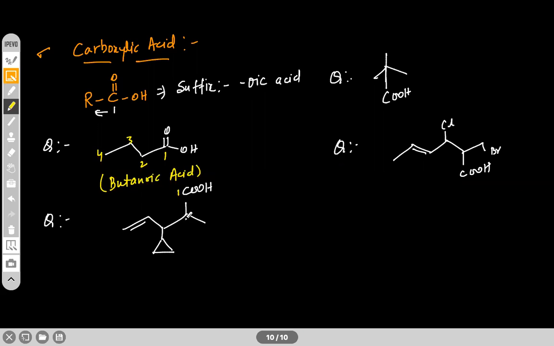This one is 1, 2, 3, 4, and 5. So 3-cyclopropyl, 2-methyl, pent-4-enoic acid.